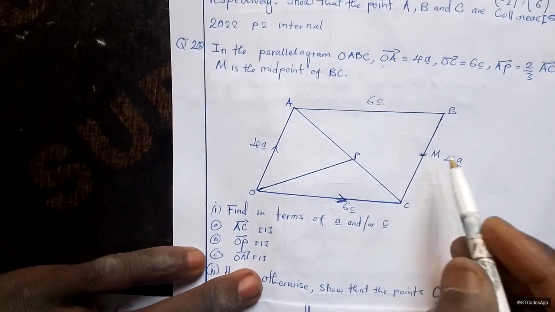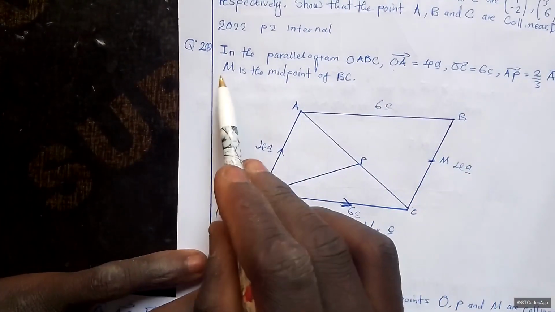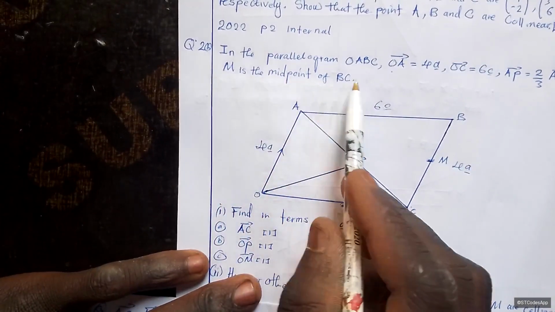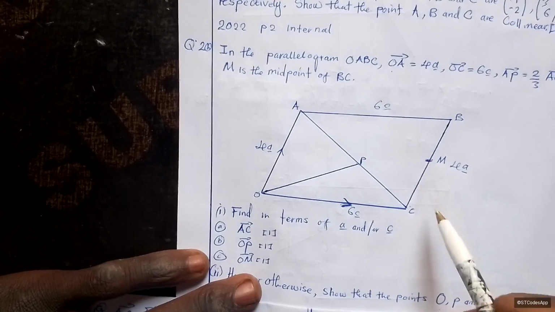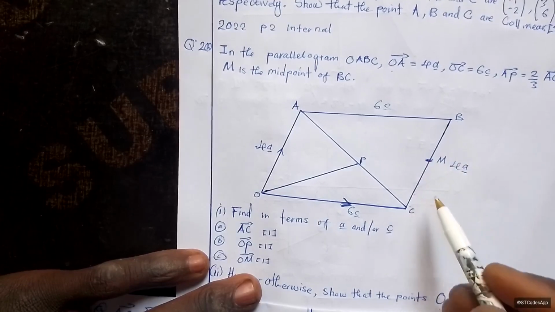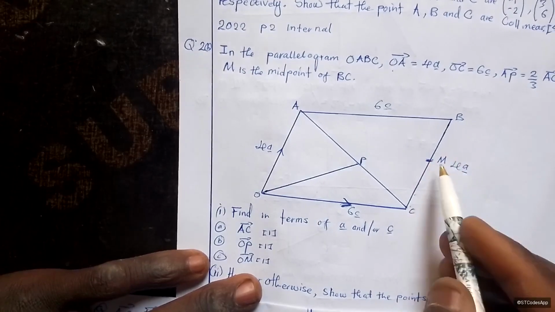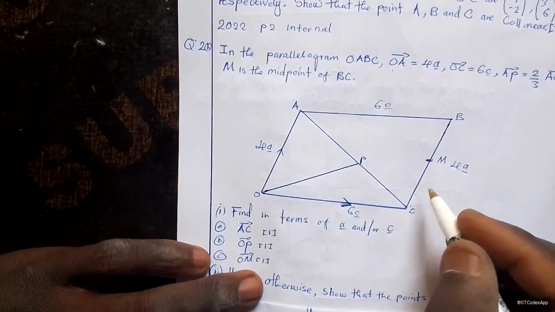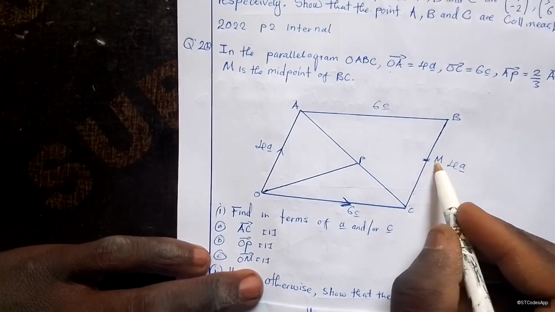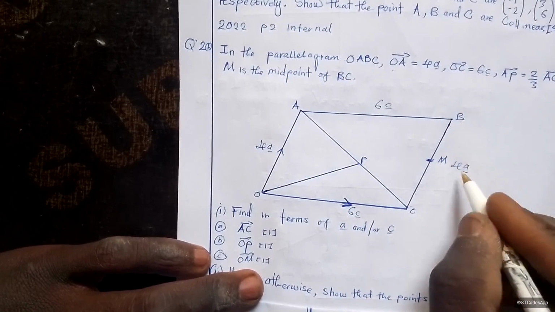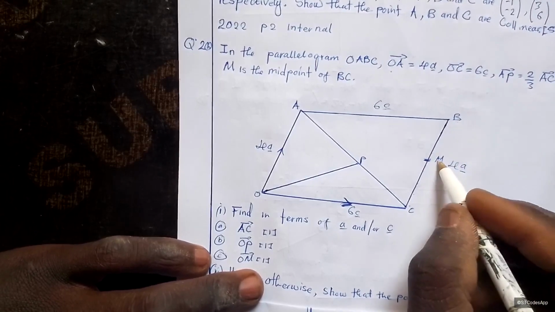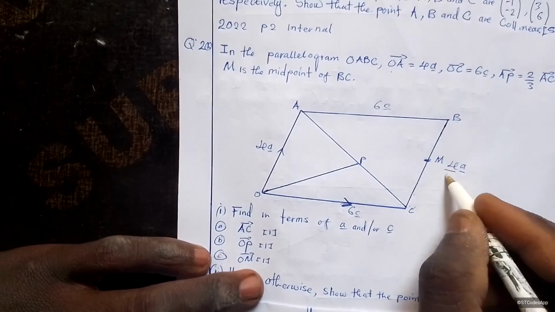Now as you can see, in the statement they were saying M is the midpoint of BC. So our M here is the midpoint of BC. Since M is the midpoint of BC, the vector from M up to C is equal to the vector from M up to B. So for us to find MC, I'm going to divide by 2.